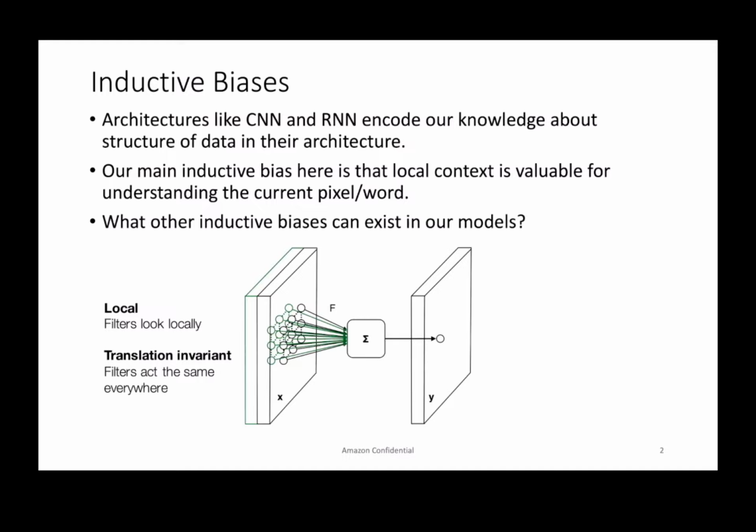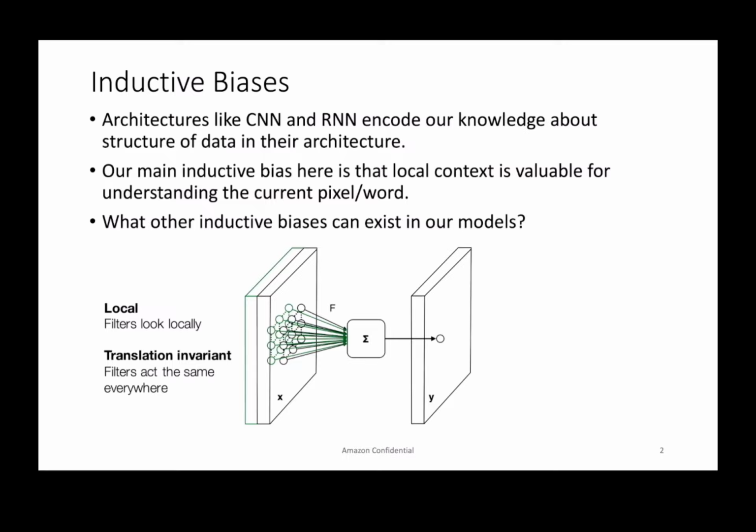For example, in recurrent neural networks, we assume that any data that came just before the current time step, or any data that comes right after the current time step, is more important for making a decision at this point in time.